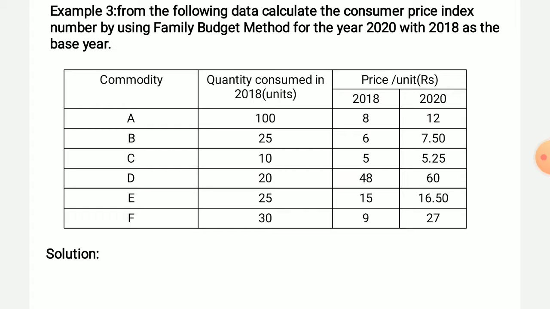Q0 is equal to 100, 25, 20, 10, 20, 25 and 30 are given, and base year price 8, 6, 5, 48, 15 and 9, and current year price 12, 7.50, 5.25, 60, 16.50 and 27 are given.